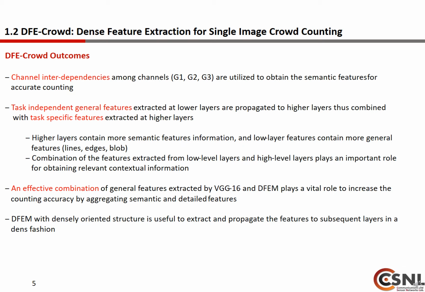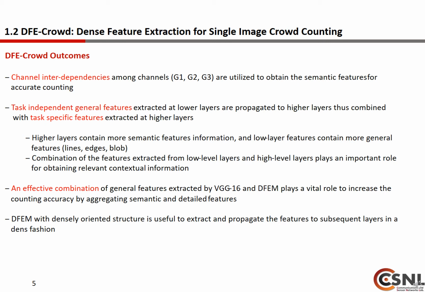So here are the outcomes of our proposed algorithm, DFE crowd. There is a general interdependency among different channels in the DSCs like G1, G2 and G3 to obtain semantic features at the higher layers for accurate crowd counting, and the task independent features which are extracted at the lower layers are propagated to higher layers by using the dense connections.